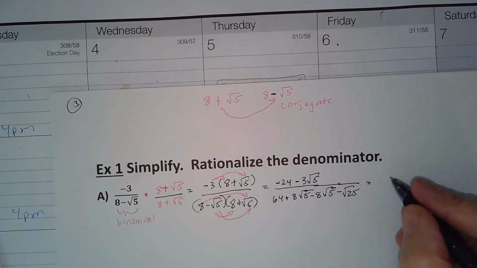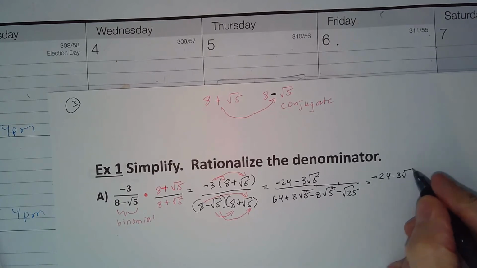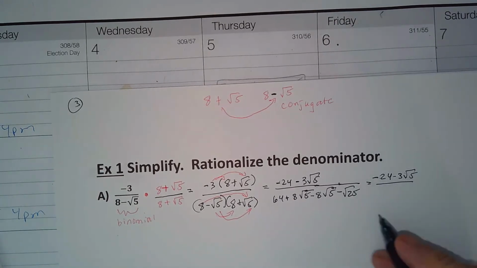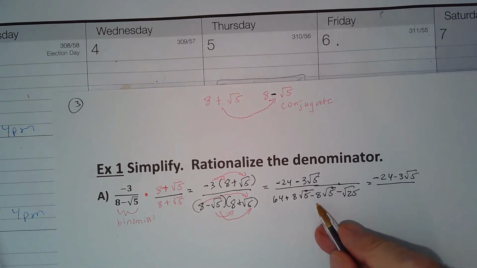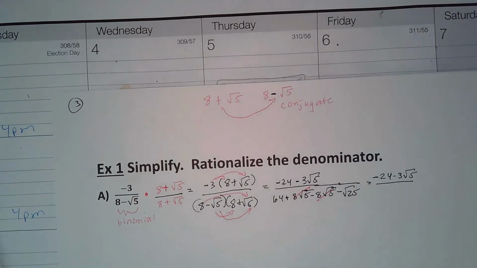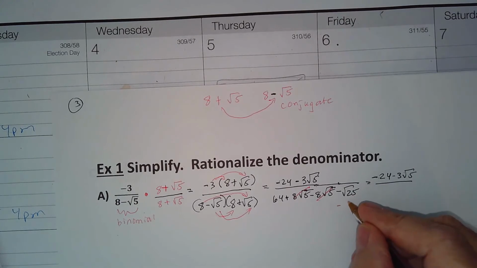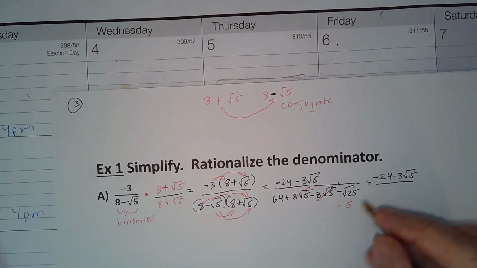All right, so we'll rewrite this as negative 24 minus 3 square root of 5. Nothing to do in the numerator at the moment. And then down in the denominator here, you'll notice that you've got positive 8 square root of 5 and negative 8 square root of 5. Those cancel, okay? And negative square root of 25 is really negative 5 because square root of 25 is 5.